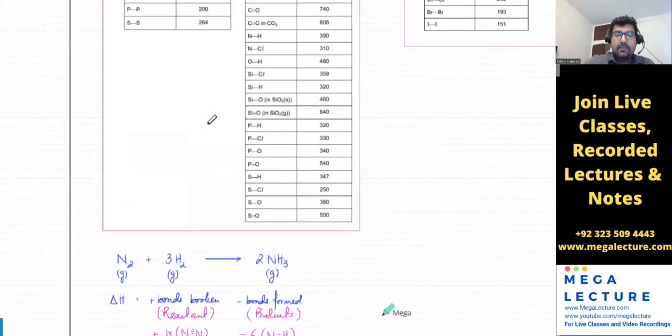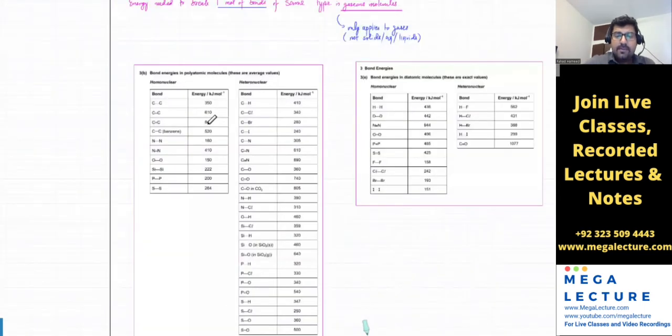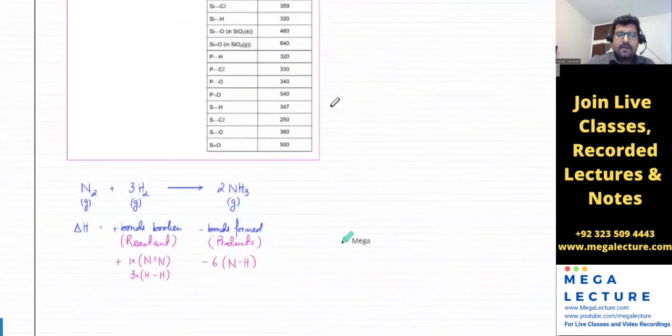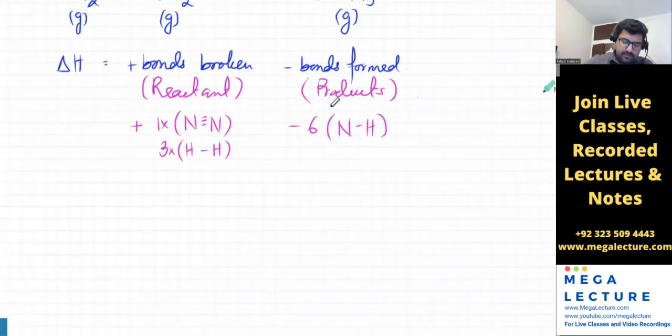So N triple bond N, what's N triple bond N? It's given over here as 944, right? And H-H is 436. So I've got 944 plus 3 times 436. Be very careful with the sign.